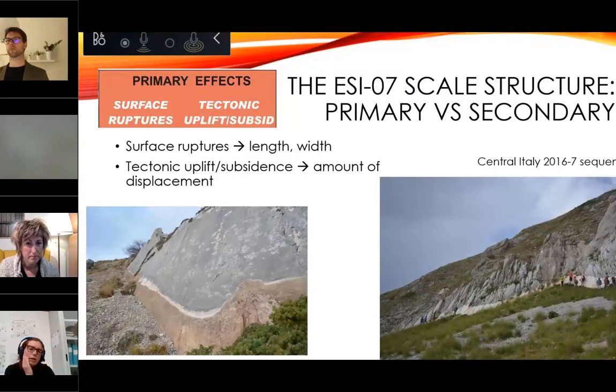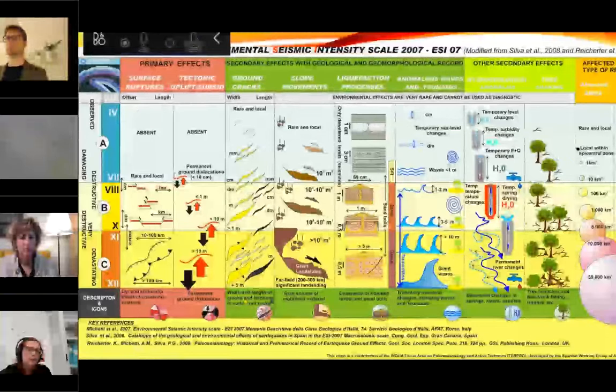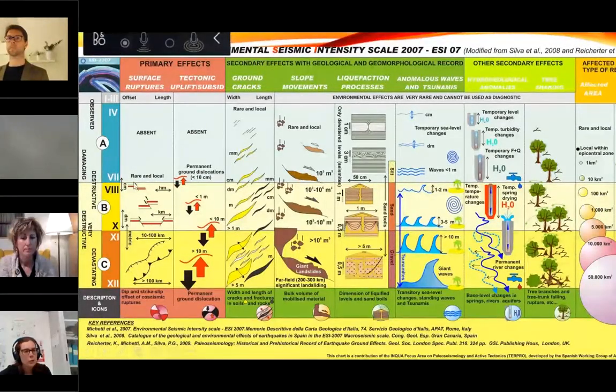So let's start digging a little bit more into the primary effects. As I mentioned a minute ago, they are related to the seismogenic source. So the main type of effect is primary surface rupture, ground breaking, and the intensity here is assessed based on the length and width of these tectonic ruptures. Tectonic primary effects start to be evident at intensity around 7 to 8.